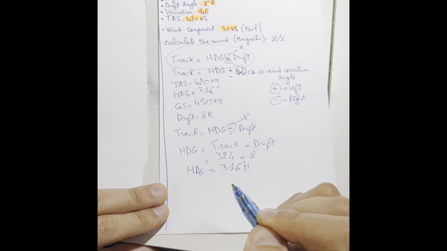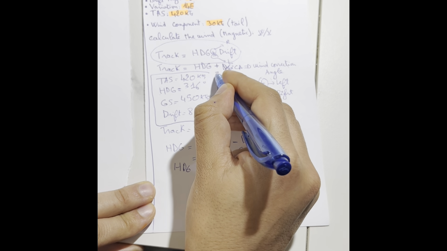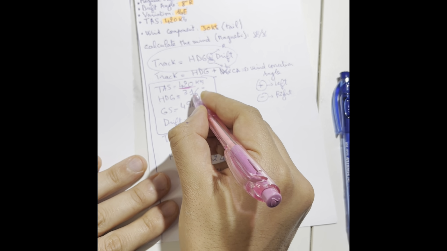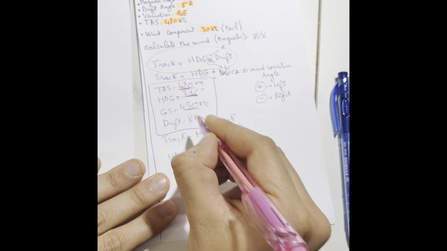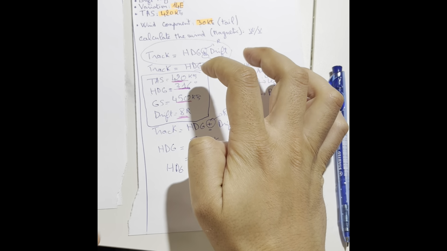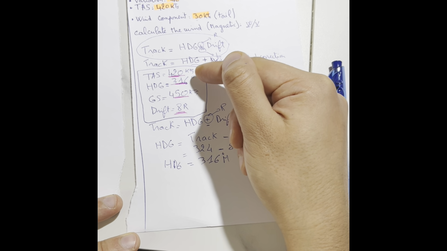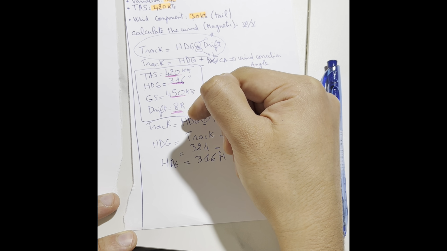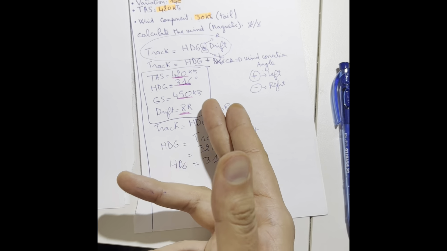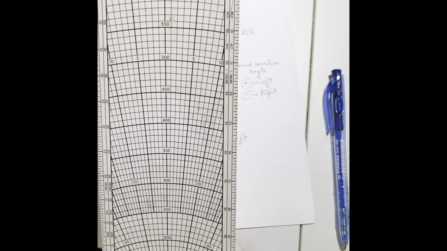316 degrees. As I said, we have the 4 important things we need to work out this: T, H, G, D, and we work it in the exact order that I wrote it: T, H, G, D. First, since we are in high speed, we can take the high speed area of our flight computer.